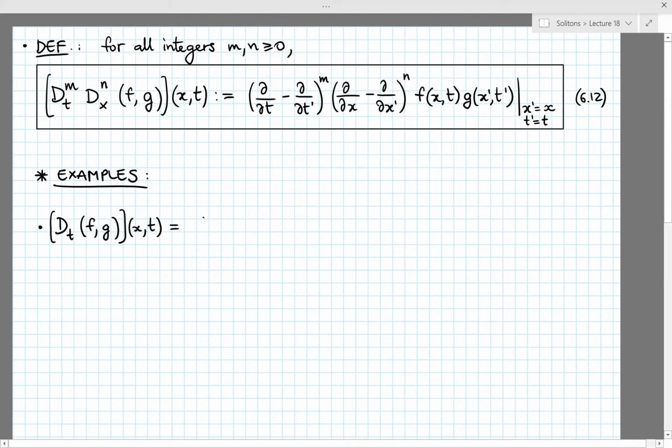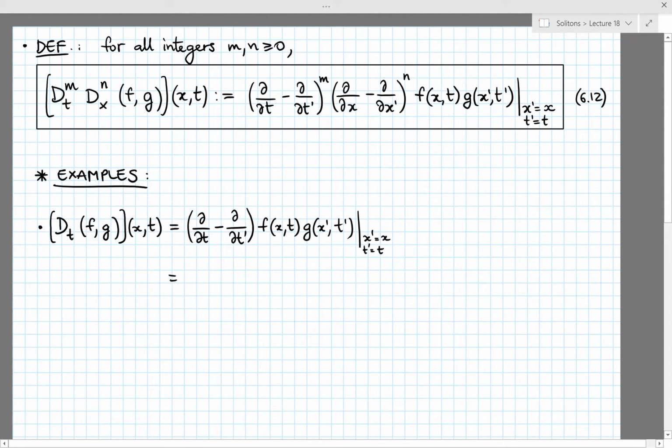So what we have to do is to apply partial derivative with respect to t and then subtract partial derivative with respect to t prime of f of x comma t times g of x prime t prime. And once we've done that, we set x prime equal to x and t prime equal to t.